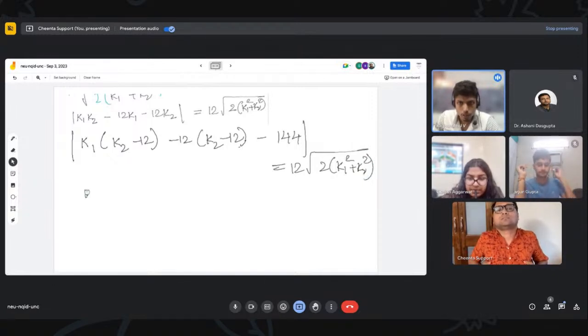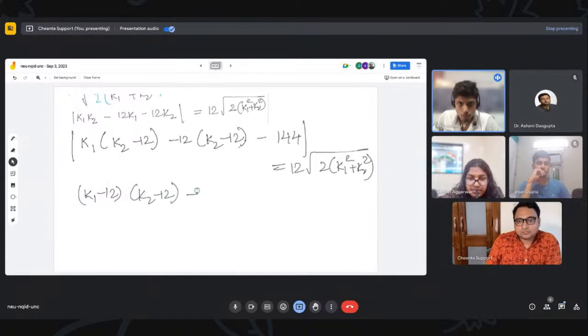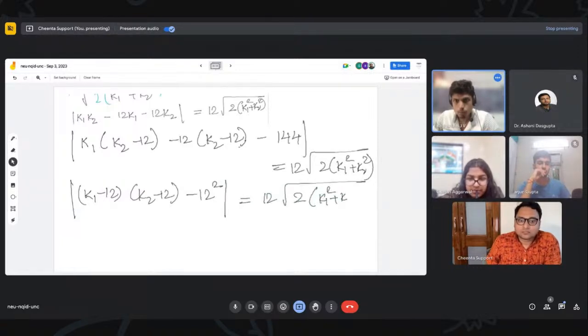So this is k1 minus 12 into k2 minus 12 minus 12 squared. This is equal to 12 times root of 2 into k1 square plus k2 square. Maybe we will divide everything by 12 because k1 and k2 must be divisible by... Oh, I think should each of them be divisible by 12?